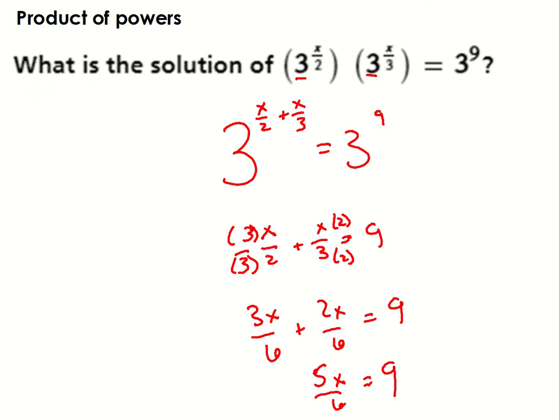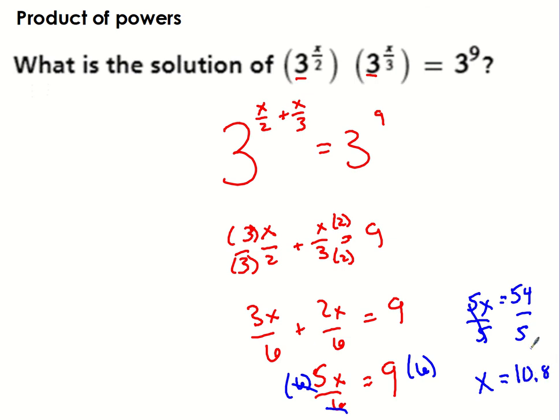If I want to get rid of that denominator, divided by 6, I can multiply by 6 on both sides. Those cancel. So I'm left with 5x equals 54, because 9 times 6 is 54, divided by 5, and I get x equals 10.8.